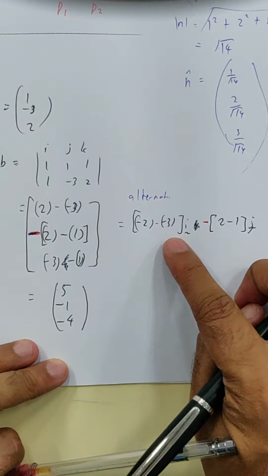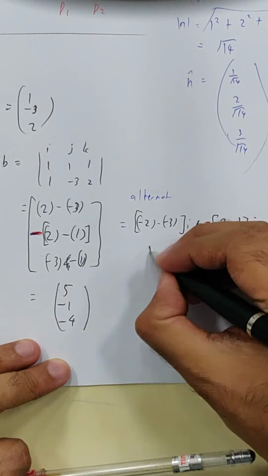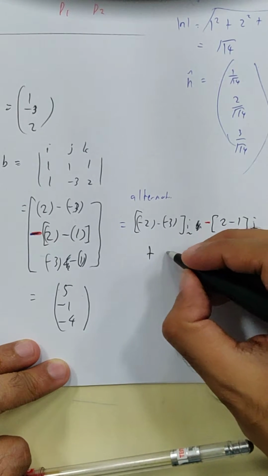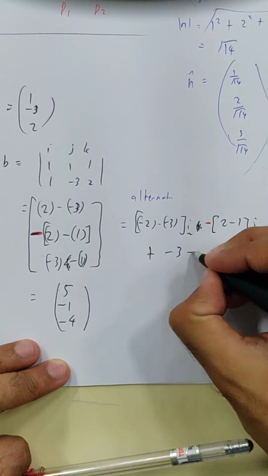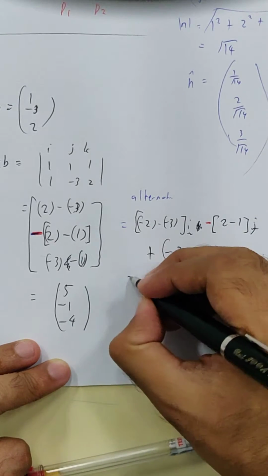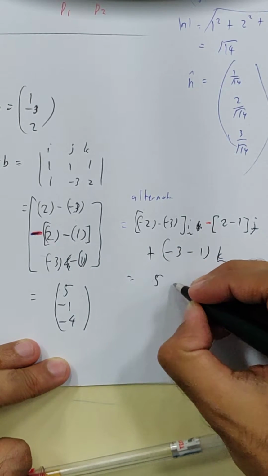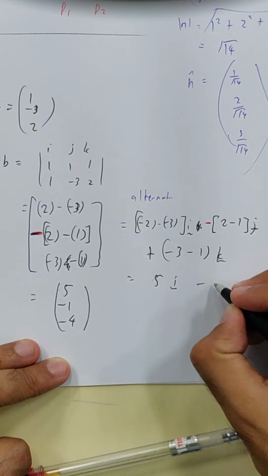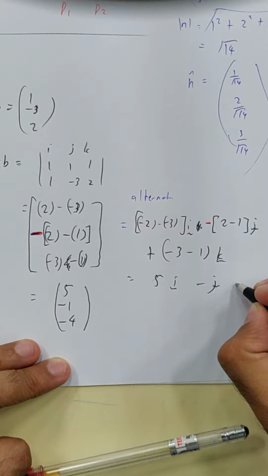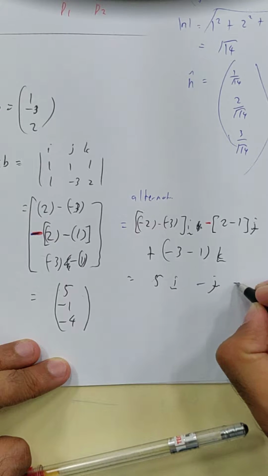Plus negative 3 minus 1, K. Which gives you 5I minus J minus 4K.